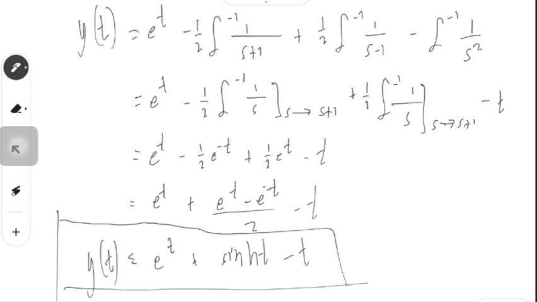So again, pagdating sa control system, puro ganyan gagawin nyo. Solution of differential equation, and you have to apply the modern approach, Laplace transform. Kasi ang kukunin ninyo dun sa control system is the ratio of output over the input. So this will be the output, yung right side, yung input mo, yung left side.